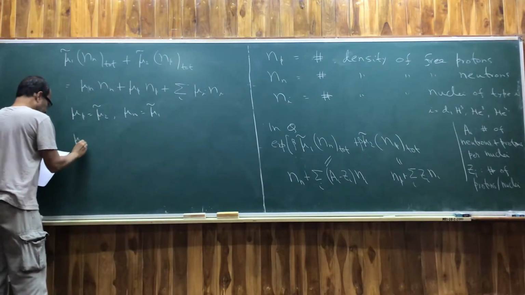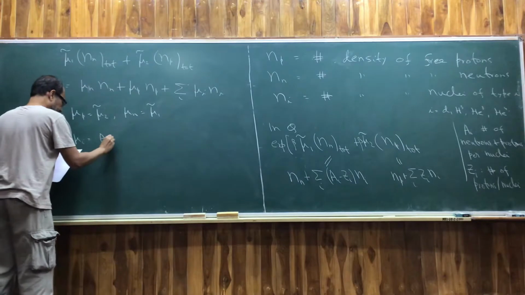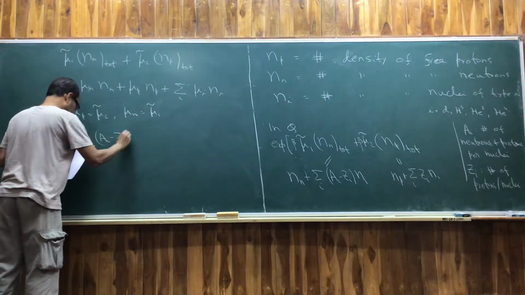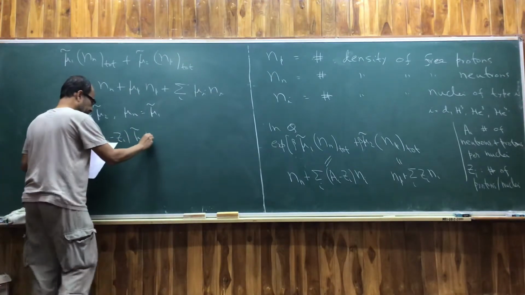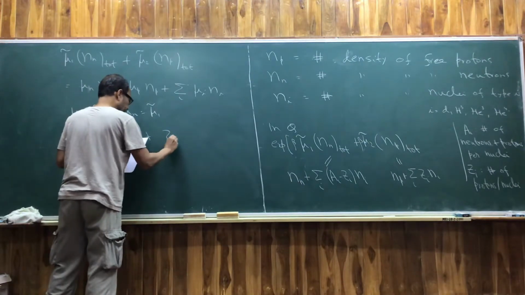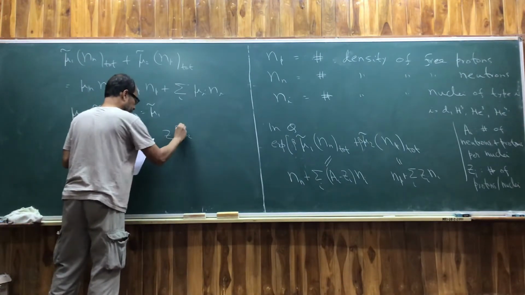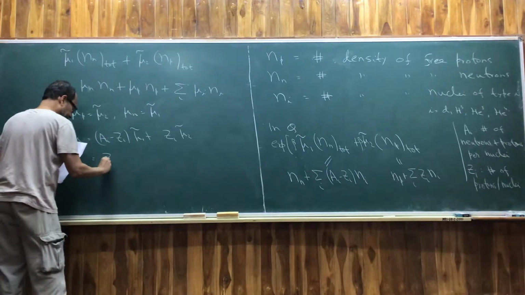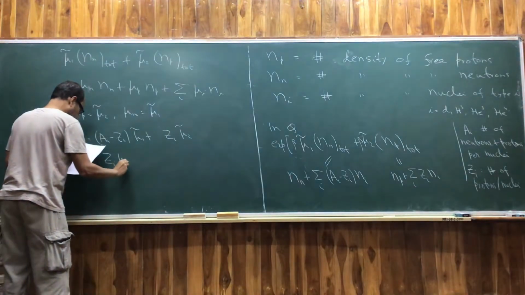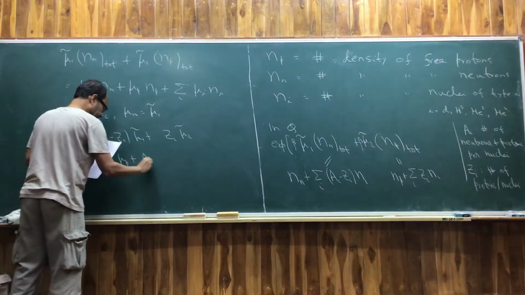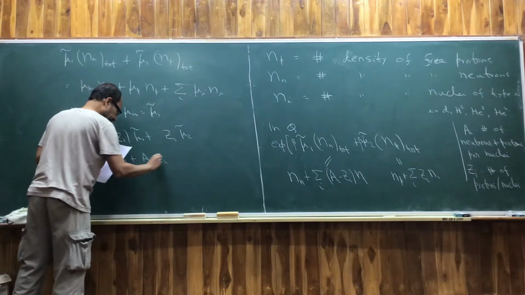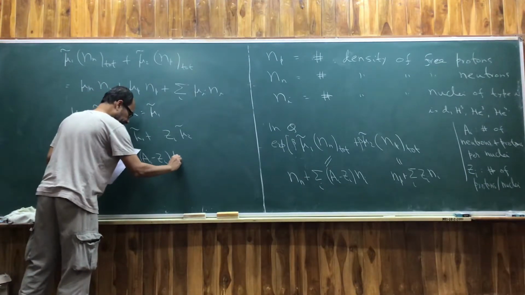And mu I is E_i minus Z_i times mu1 tilde plus Z_i mu2 tilde, which I can write as Z_i mu p plus E_i minus Z_i times mu n.